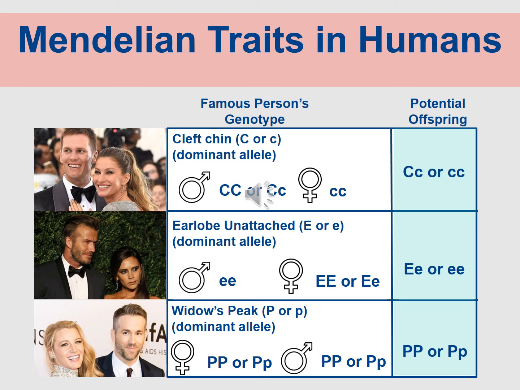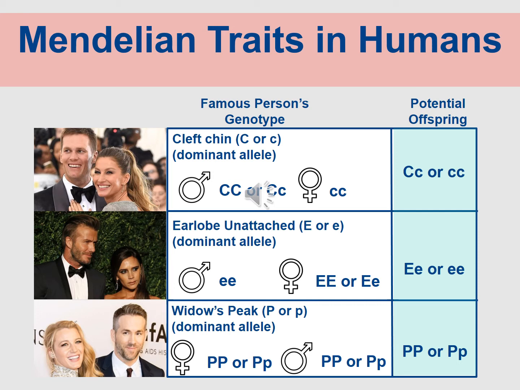The last couple here, Ryan Reynolds and Blake Lively. A widow's peak. A widow's peak is dominant in humans. And so by observing the widow's peak on both of them, they have to either be homozygous dominant or heterozygous. That means that all of their children are going to have widow's peaks, because they are only contributing the dominant allele if they're both homozygous dominant.